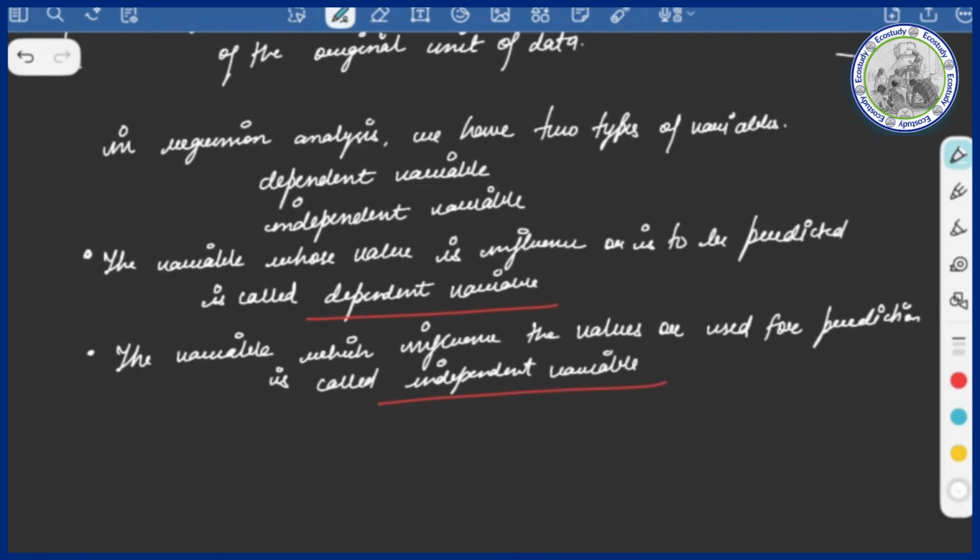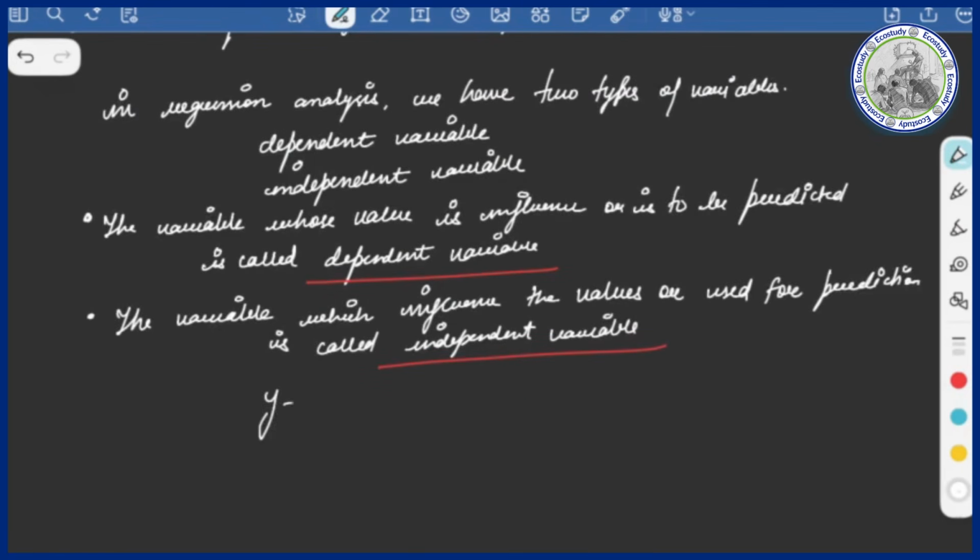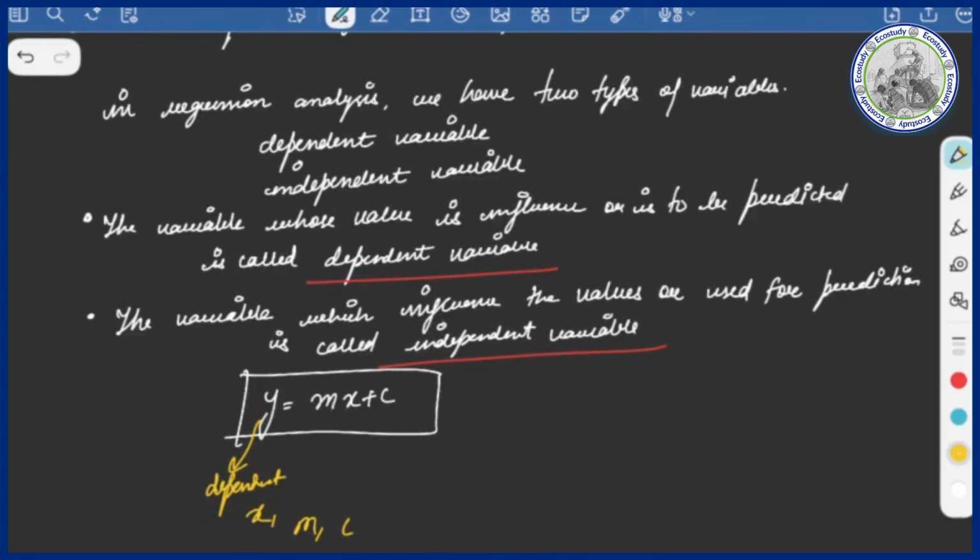Like for example, y is equal to mx plus c, a simple linear equation that you have studied in mathematics in class 12. So in y equals mx plus c, you will know why y is dependent, because it depends upon x, it depends upon m, it depends upon c, but here x is independent.